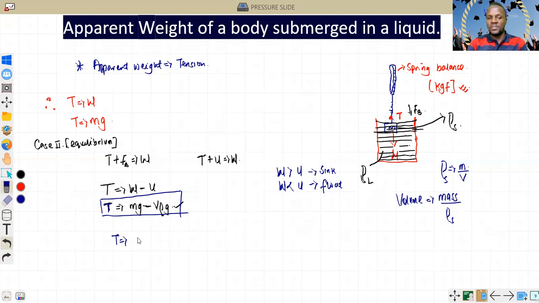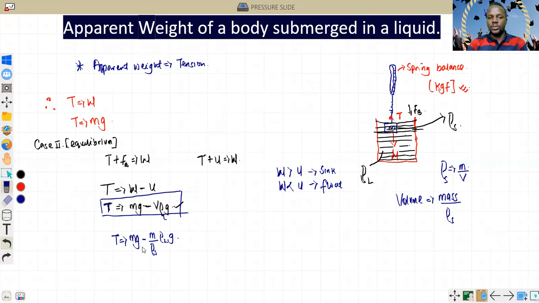So we can continue and say tension, which is what we call the apparent weight, is now equal to mg minus, what is volume now? Volume is mass over rho S, multiplied by rho, this rho is rho L, that is rho of the liquid, rho L, multiplied by g.